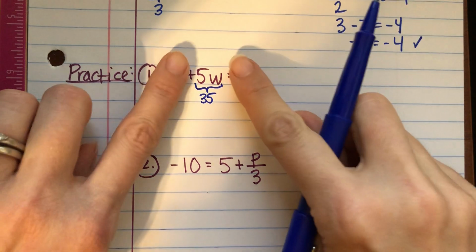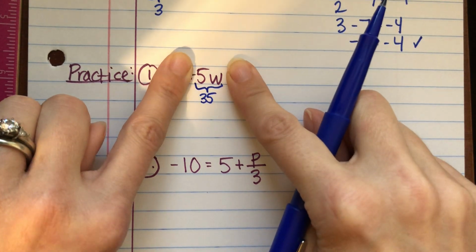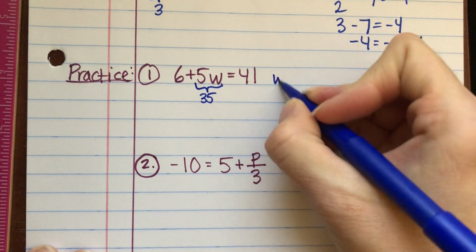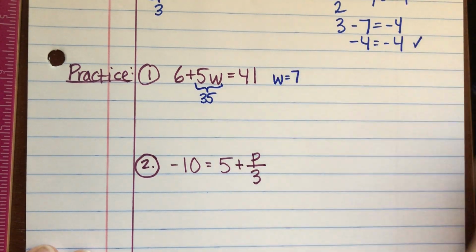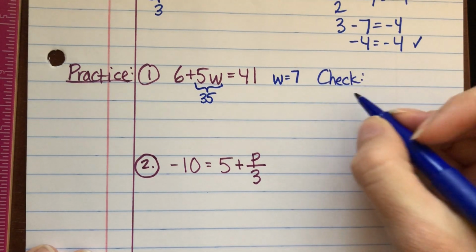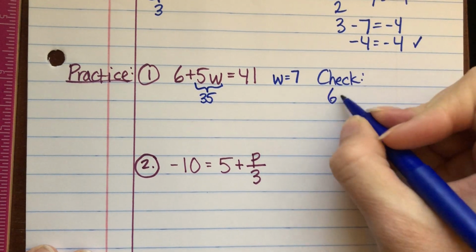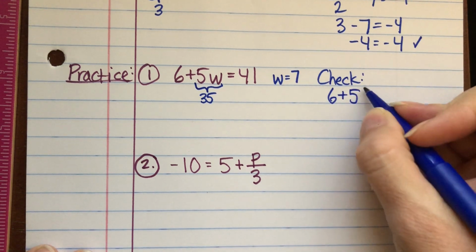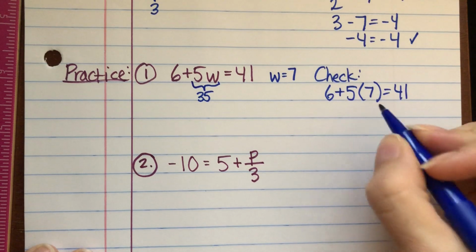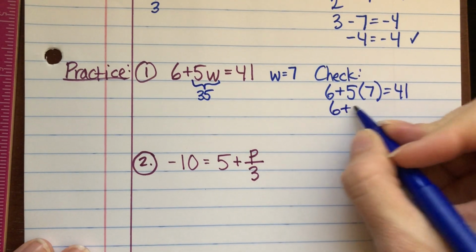Then I'm going to cover up all of this, and I'm going to say, well, what times 5 gives you 35? W would need to be 7. I'm going to check it. So I'm going to write down the equation, except for where W is, I'm going to put in 7, and I'm just going to verify that 7 makes this equation true.